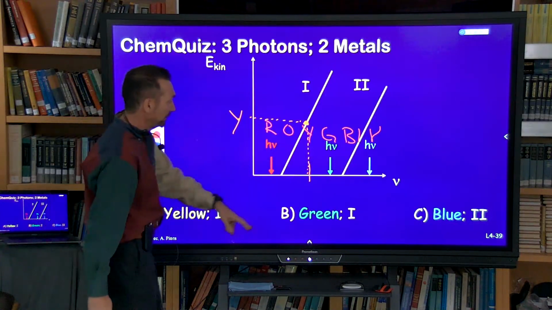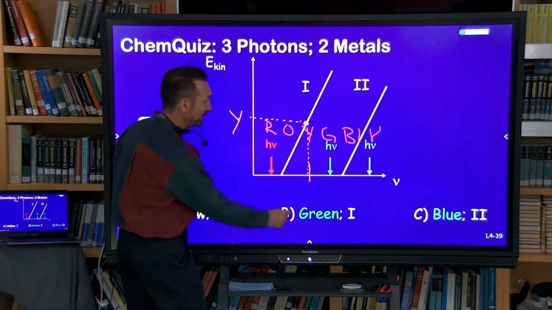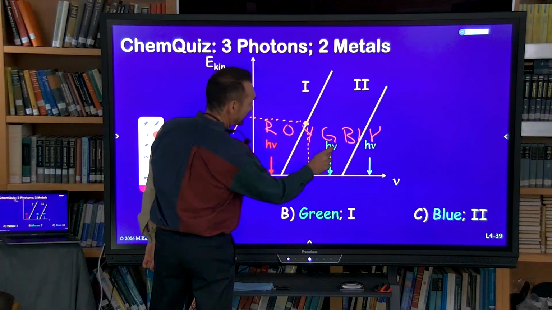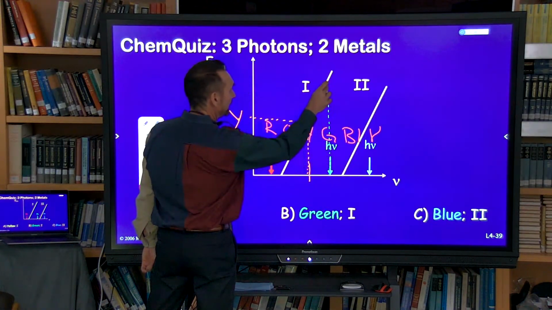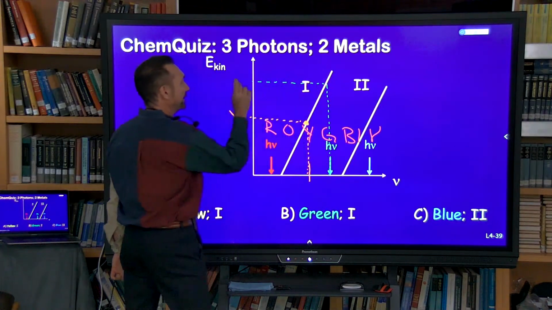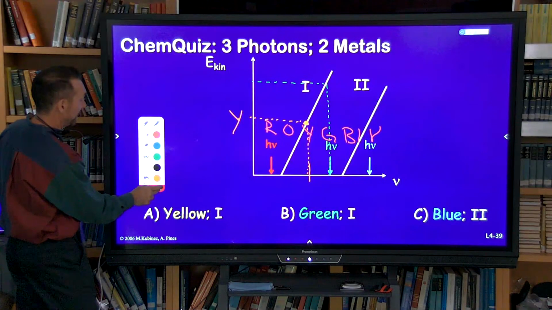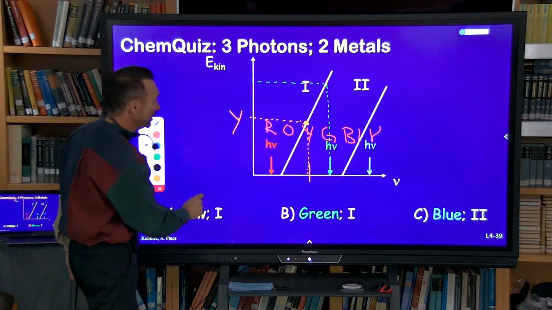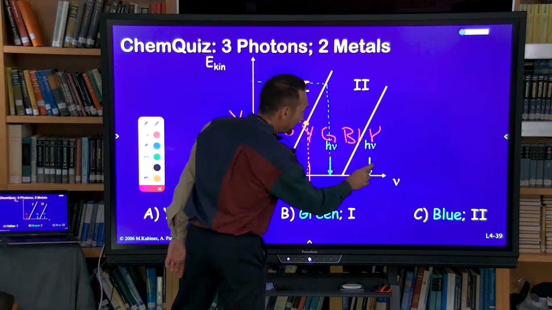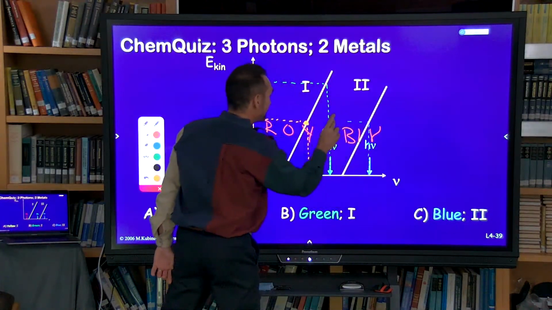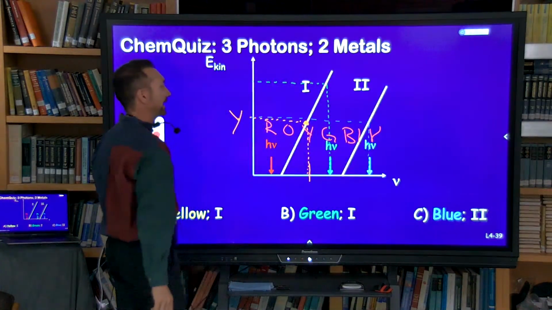Is it the most? Well, green is going to beat them because green has this photon energy and it will eject electrons here. And blue will eject electrons, but from metal 2 at this kinetic energy.